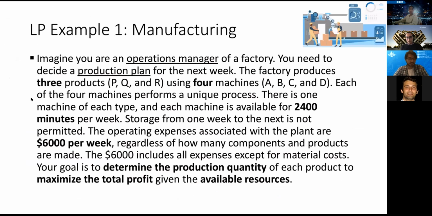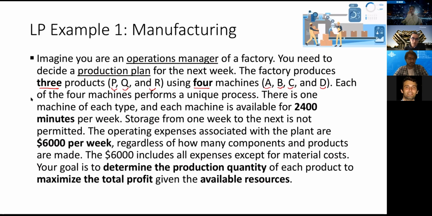Here we imagine you're an operations manager of a factory, and our goal is to decide on a production plan for the next week. Our factory produces three types of products, which we call P, Q, and R, using four types of machines, A, B, C, and D. We assume that each of the four machines performs a unique process, so there is one machine of each type.